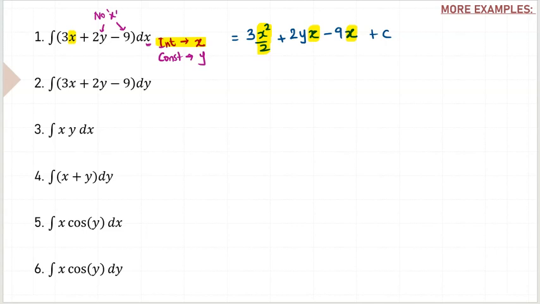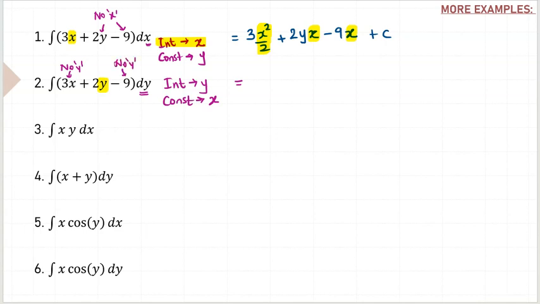Now let's move to the next question. In this, you have dy, so it means you have to integrate with respect to y, and you will treat x as a constant. So check where you see y. You have y only in the second term. In the first term you don't have any y, and also in 9 you don't have any y.